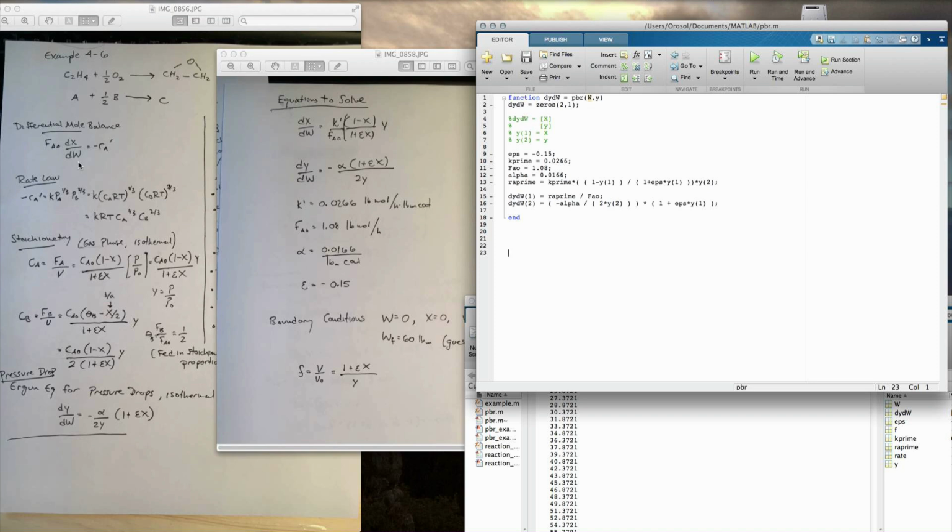So dx dw equals minus RA prime over FA naught, and so I just put that directly into here, and then I have RA prime here.